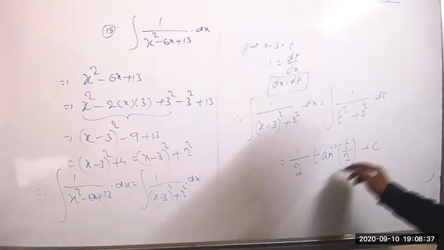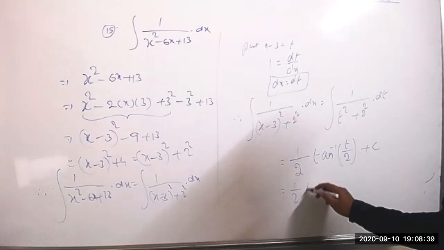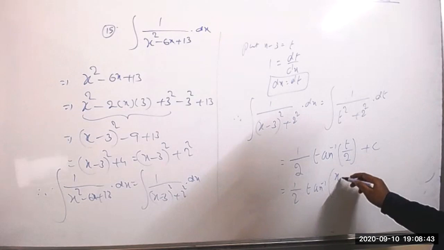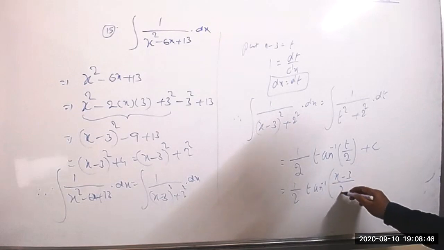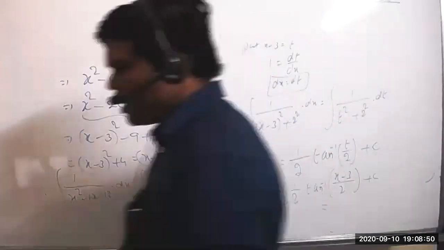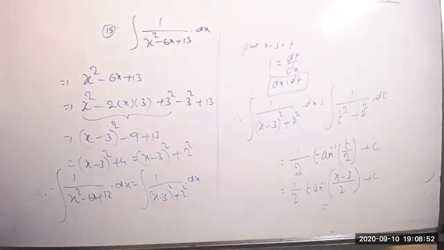So it is 1 by 2 into tan inverse of t by 2 plus c. With the substitution t equal to x minus 3, the answer is 1 by 2 into tan inverse of x minus 3 by 2 plus c. Very easy, simple questions only. If you know the completing square method and the formula, you can do it easily.